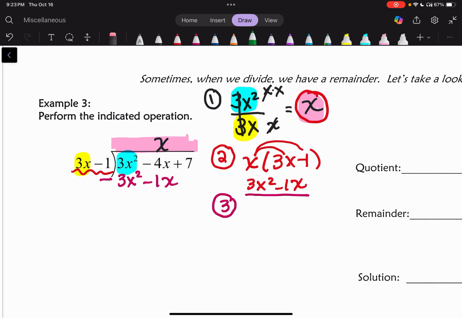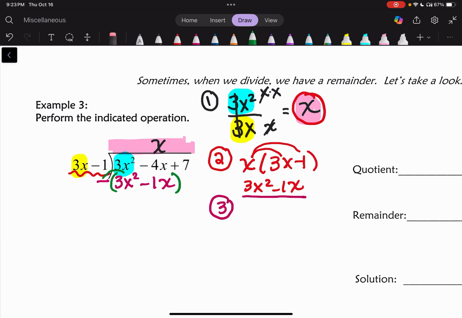And then remember, I said use parentheses. It helps so much with keeping track of what is being subtracted. Because then we are going to distribute this subtraction symbol to the 3x squared. Well, then that's going to change that into a negative 3x squared.